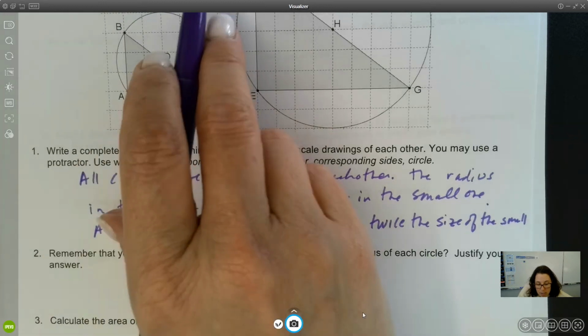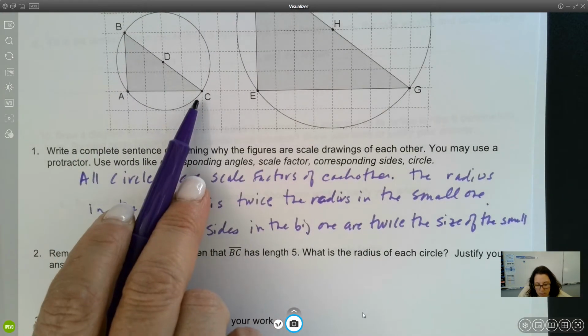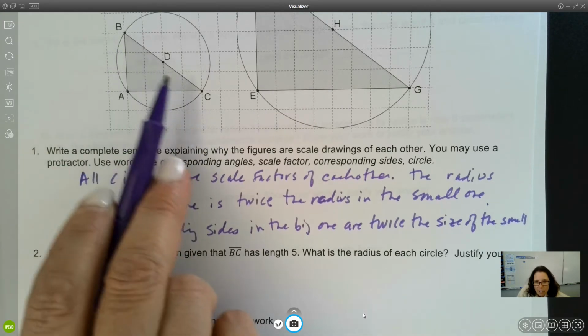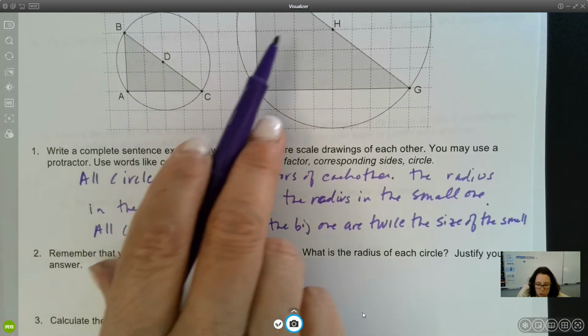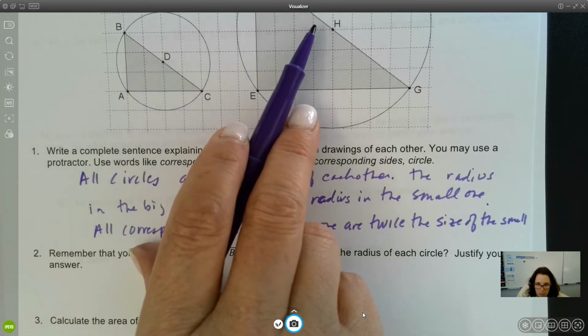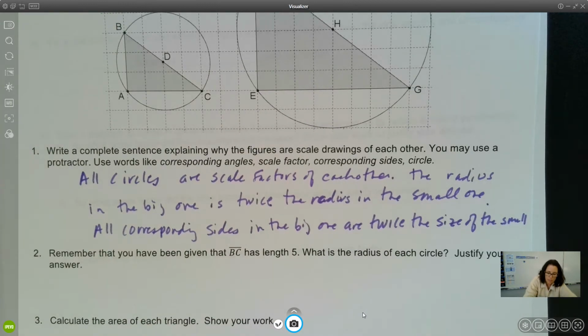It does tell us it has a length of 5 units, but you can't count the 5 units because it's kind of diagonal. But we do know that this is twice the size of this one. And if this one's 5, this one's 10 units.